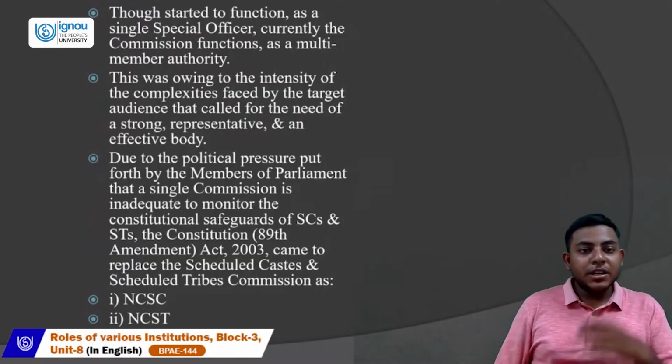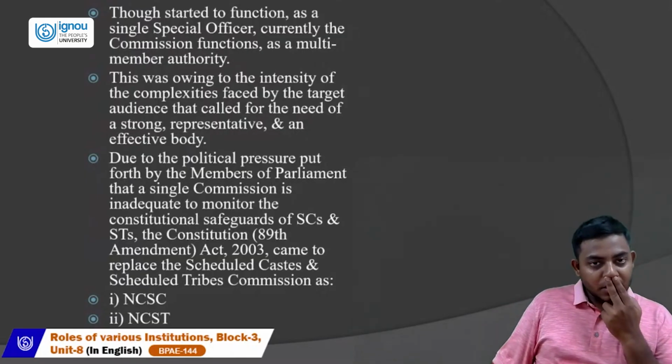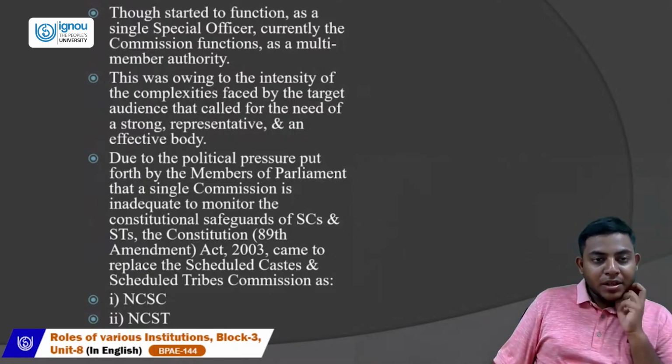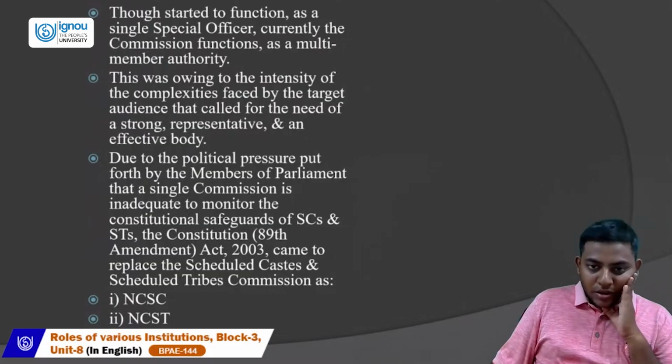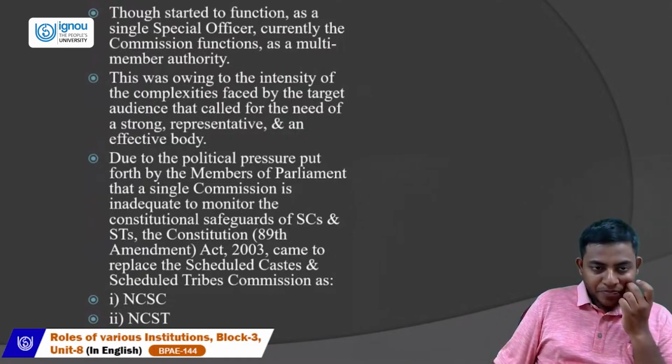Though it started to function as a single special officer, currently the commission functions as a multi-member authority. This was owing to the intensity of the complexities faced by the targeted audience that called for a strong, representative and effective body.